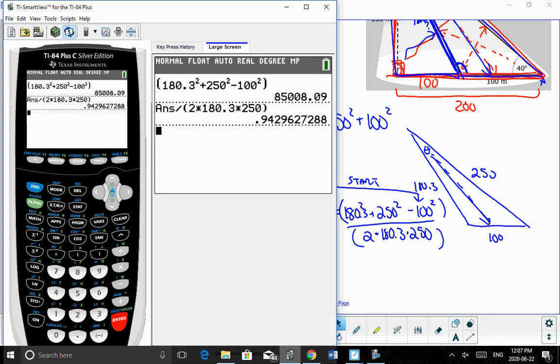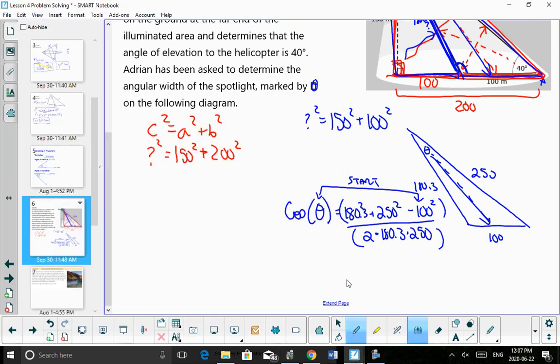Hit enter. Now again, we're looking for an angle, and this is cosine law. So I'm going to go second cos of that answer, and I get out 19.4 degrees. So that angle is 19.4 degrees. Some of these questions are tricky.